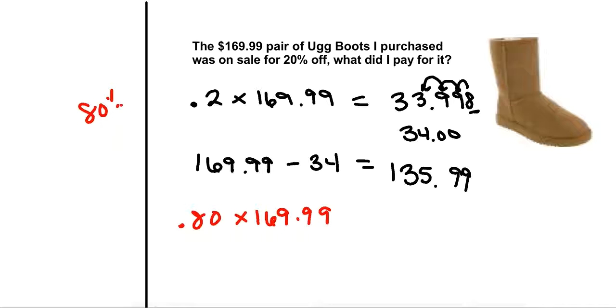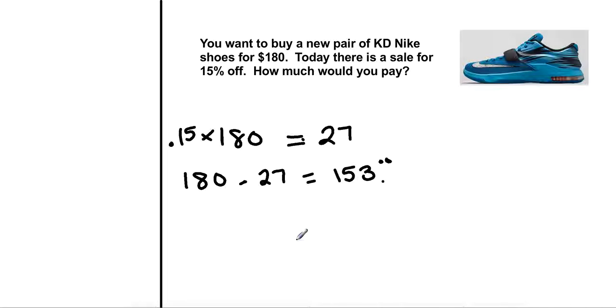And I want you to do that on your calculator right now. 0.8 times 169.99. You will see you get 135.992. Well, that 2 tells that 9 to stay the same, so it just goes away, and you have the exact same total. So go ahead and try the Katie shoes this way, and then we'll check it.